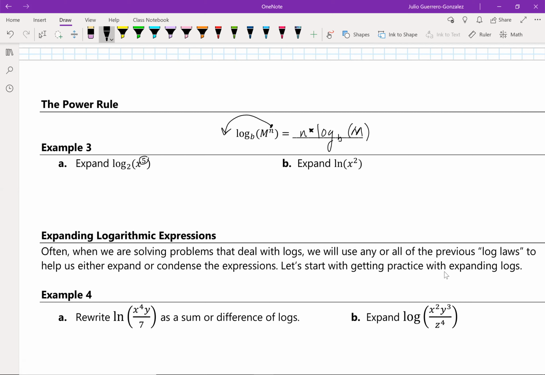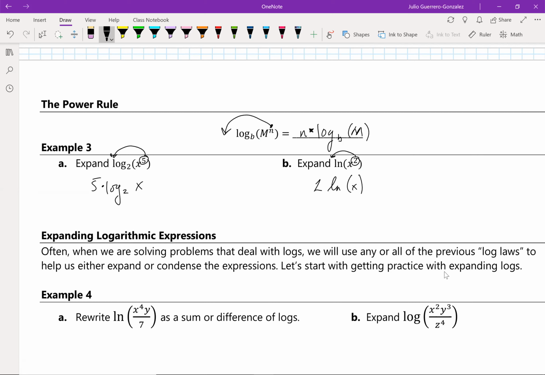Some examples. That's my exponent. That just drops down, so it's going to be 5 times log base 2 of x. And same thing for this one. This is my exponent that drops down, 2 times ln of x.